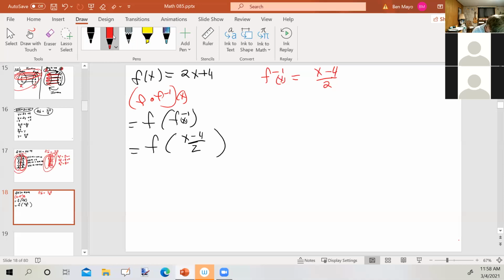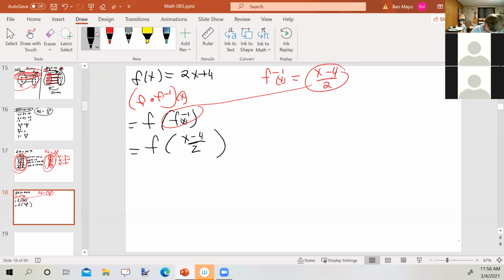Okay, because this goes in the place of that. All right, but that's equal to 2 times the quantity (x minus 4) over 2, plus 4. You following this okay? But these will reduce down, giving me x minus 4 plus 4. Those will cancel out, giving me x.